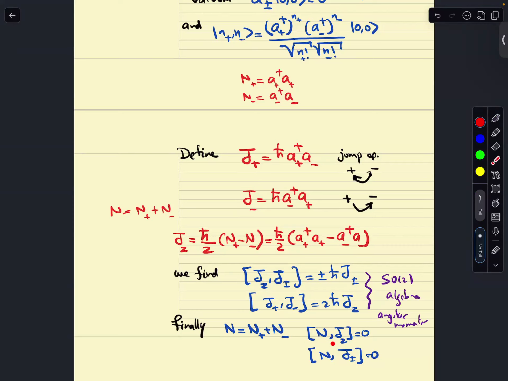As I said, it's straightforward to see that the total number operator commutes with Jz and J plus minus. J plus minus, I said that it's a jump operator, so the total excitation number is conserved. And N and Jz also commute because n plus and n minus commute. All right, any questions?